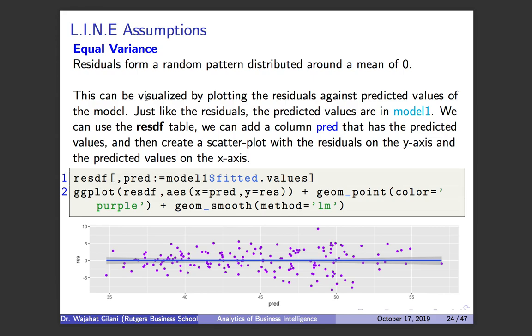You want a solid horizontal line, like we see right here, going through that scatter plot. Why? Because as the prediction values increase or decrease, it has 0 effect on the residuals.